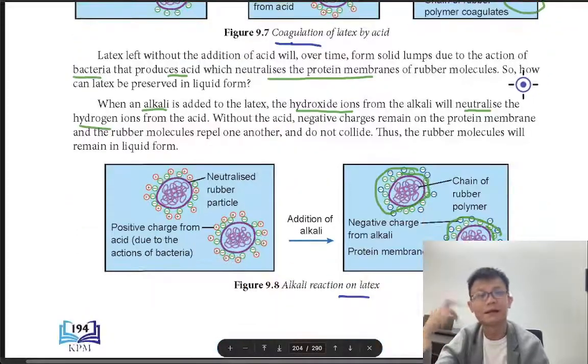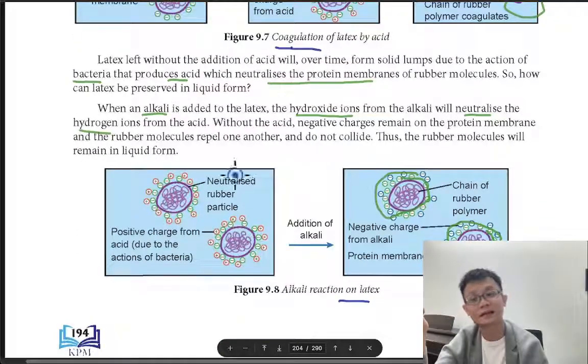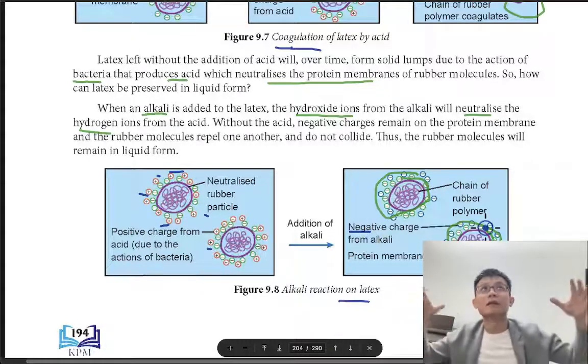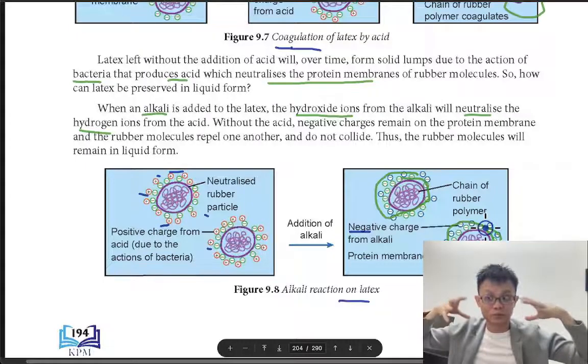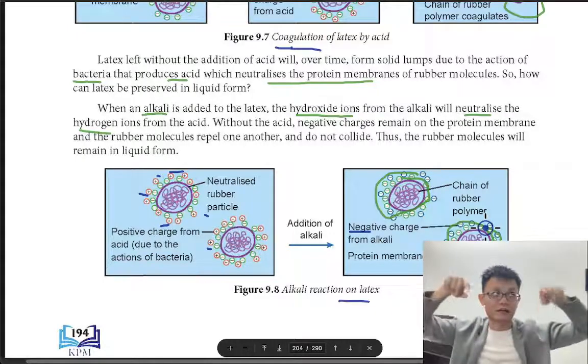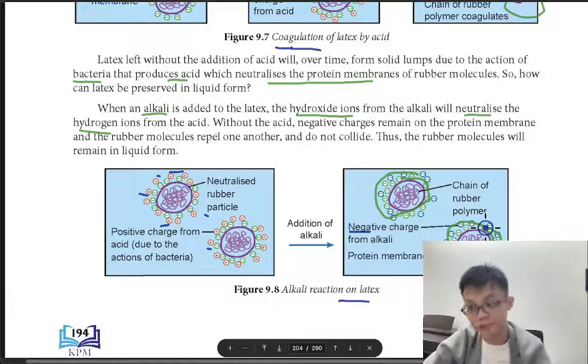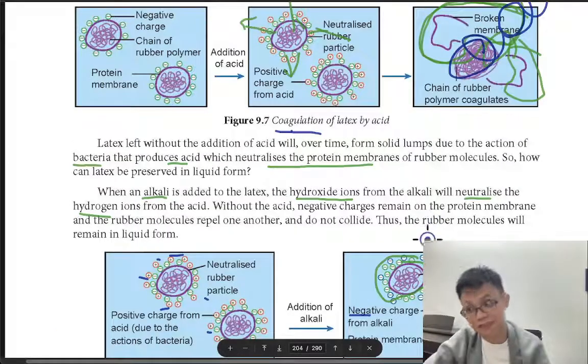Then you remember, okay, polymer. Then suddenly you put alkali, which has more negative. So all the negative comes and sticks on it, and the negative charge will make the protein membrane close again and become a round thing. If you can imagine it in your brain, then it's easy to explain, correct or not?